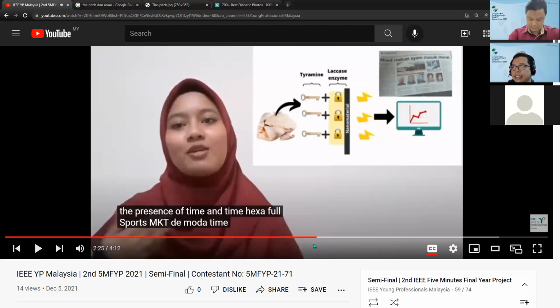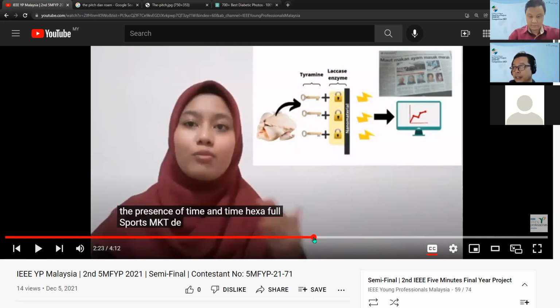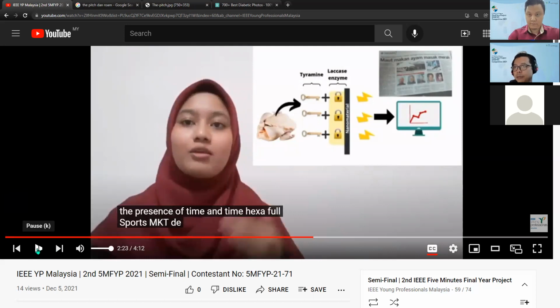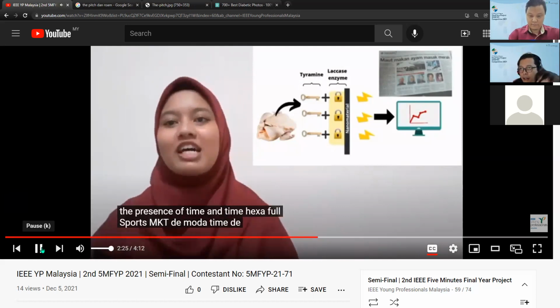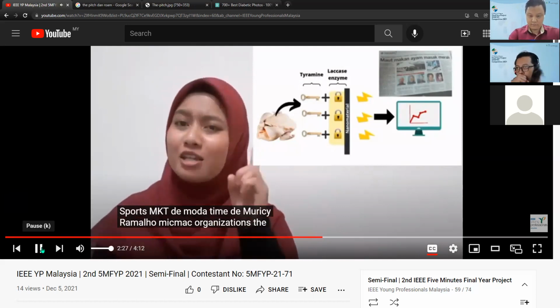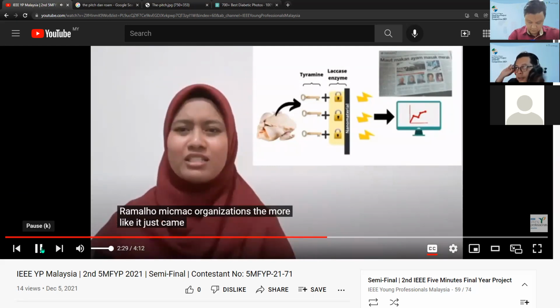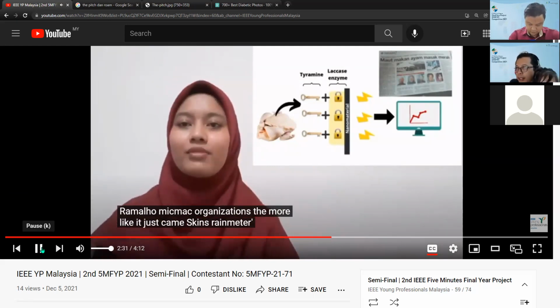The tyramine, food spoilage indicator. If you could find a simpler phrase to convey the same idea, that would be better. Food spoilage, those kind of big words. The more the tyramine making microorganisms, the more likely the chicken meat is contaminated.